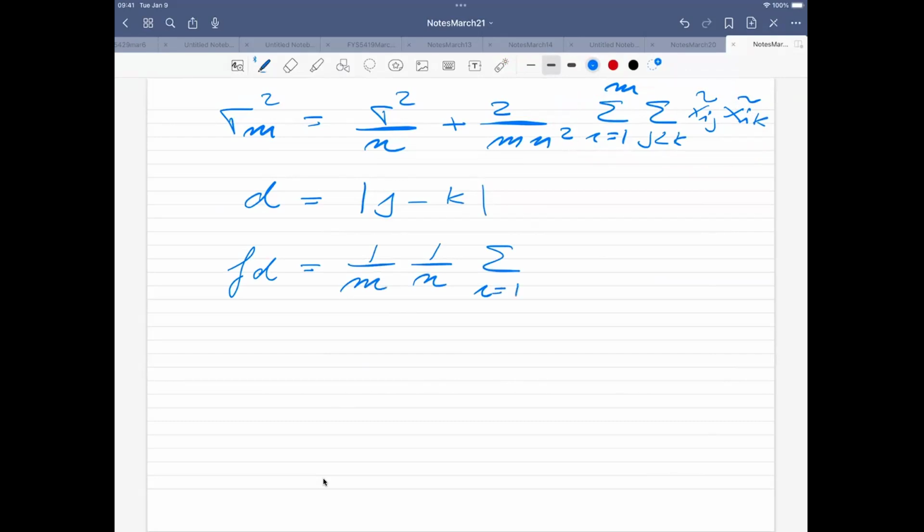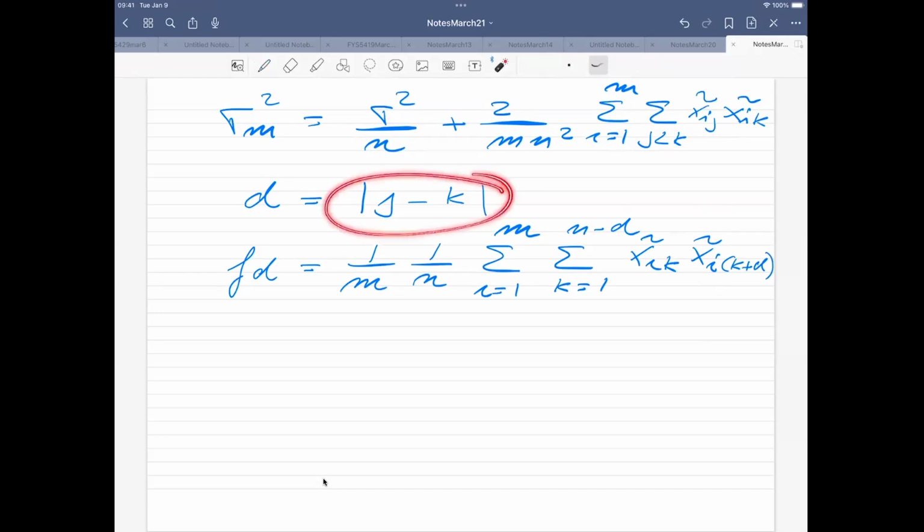Then I have a sum over i from 1 up to n, and then I have my summation over k from 1 up to n minus d. And what I'm doing now is to look at this term, where I have x_i, and instead of j I have k plus d. So I'm replacing one of these variables with a distance between the variable j and the variable k. So you can think of this as a distance between two experiments.